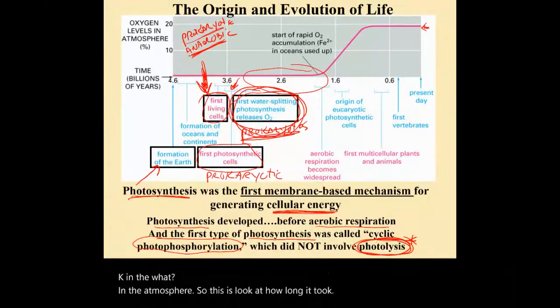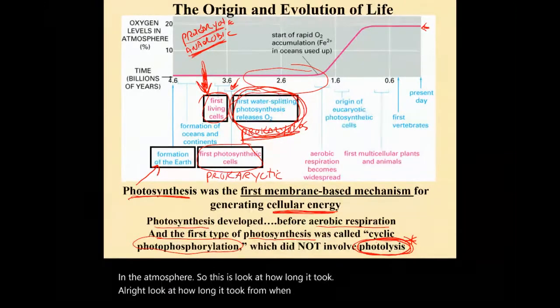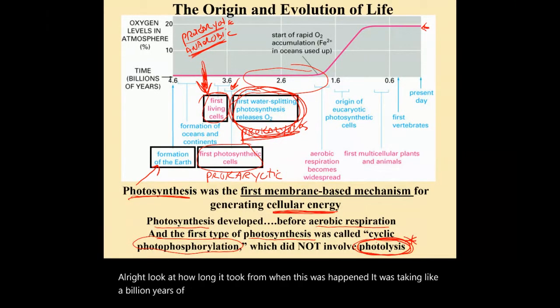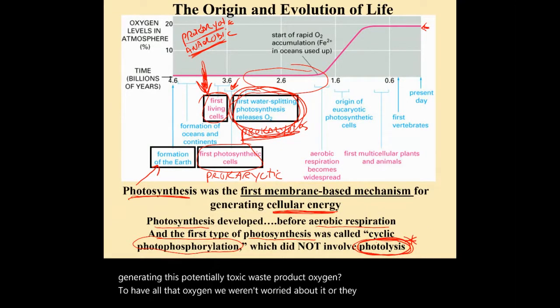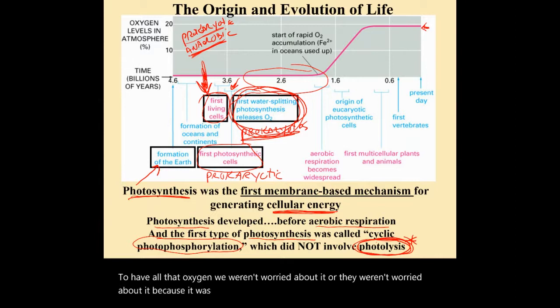Look at how long it took from when this was happening. It was taking like 1 billion years of doing this photolysis, to do photosynthesis and generating this potentially toxic waste product, oxygen. We weren't worried about it, or they weren't worried about it, because it was just being used to oxidize iron, changing it into iron oxide.